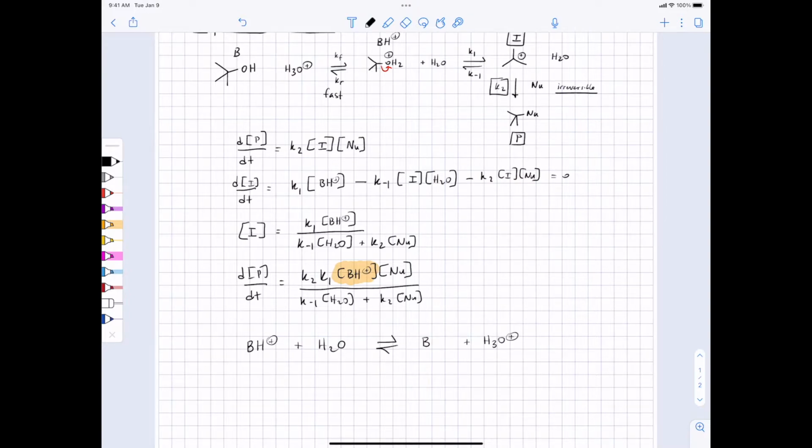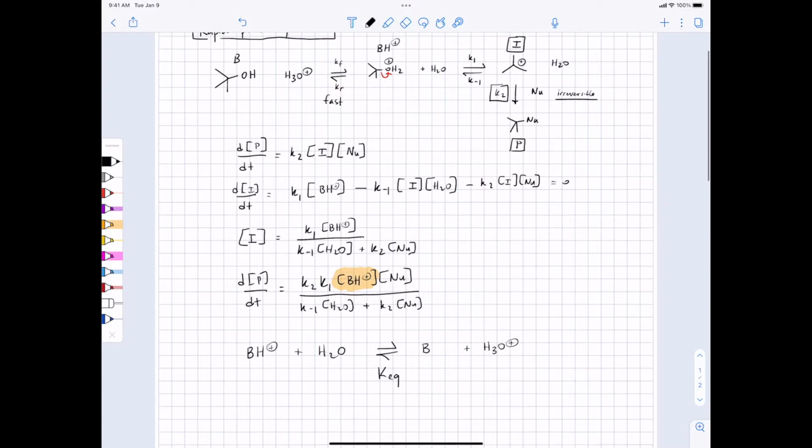In some ways, you can think of this as the dissociation of this acid. And there's some equilibrium constant, as we framed it above, going from the alcohol to the protonated alcohol. That's K reverse.